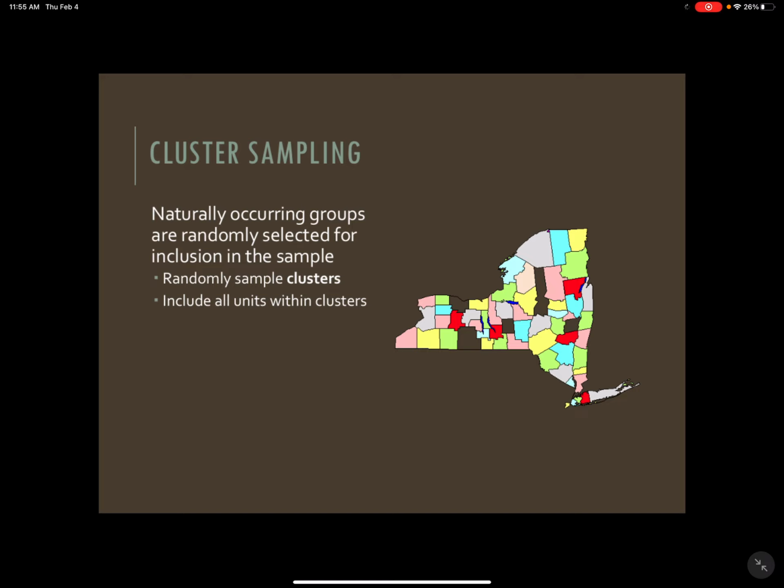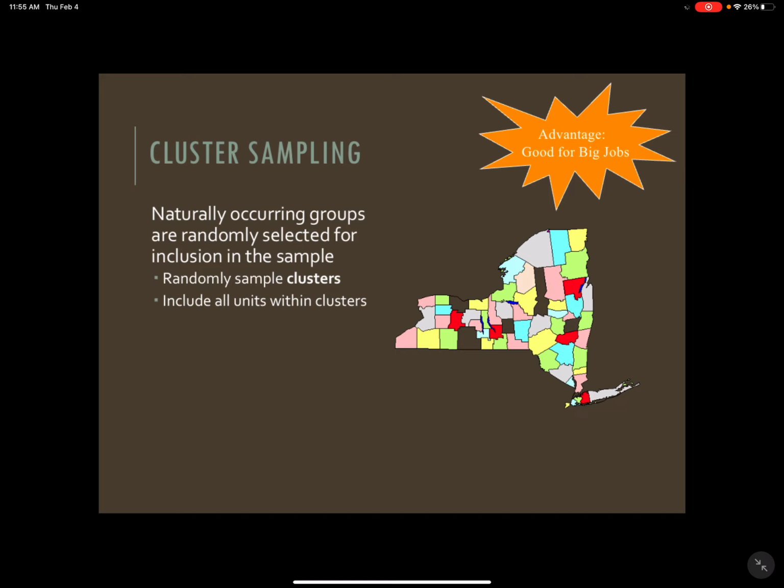So that is really useful when we have a really big job to study. It might be helpful to take all the naturally occurring groups that we have, where the level of random selection is at the group, and then I do everybody within the group.